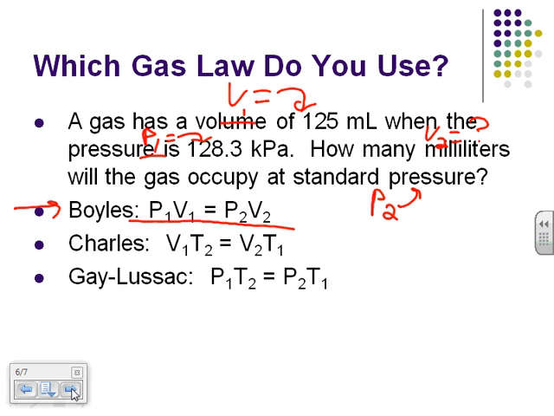In this equation, we're looking at kilopascals. So for kilopascals, we are talking 101.3 kilopascals is standard pressure. So 101.3 kPa is the pressure that we would use for standard pressure, because we have to use the same units all the way across the board. So that's what we would use. We'd use kilopascals.